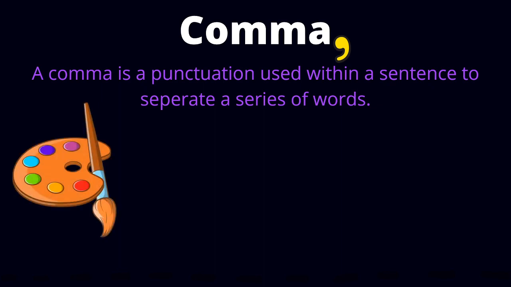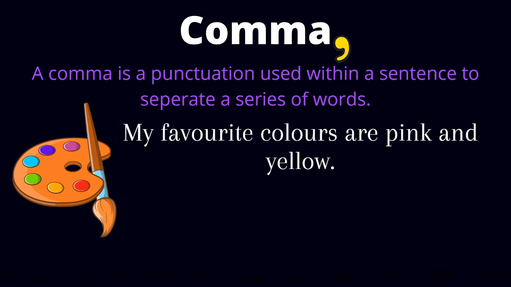Let's see in detail. What is this, children? This is a palette of colors. My favorite colors are pink and yellow. If you have two colors, we just use the conjunction and. And here you can observe the first letter is a capital letter and it ends with a full stop.